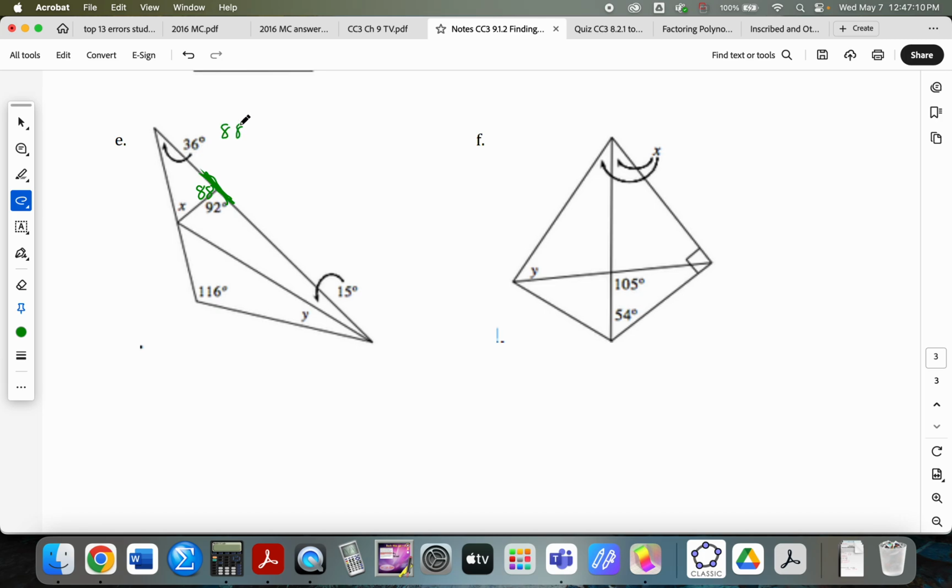So 88 plus 36 plus X is equal to 180. So it's 124 plus X is 180. So X, when I subtract, is 56.